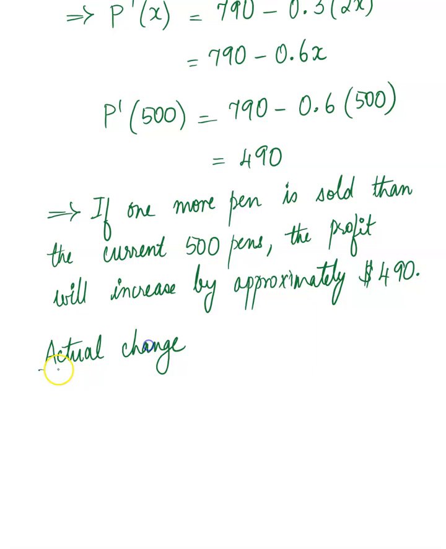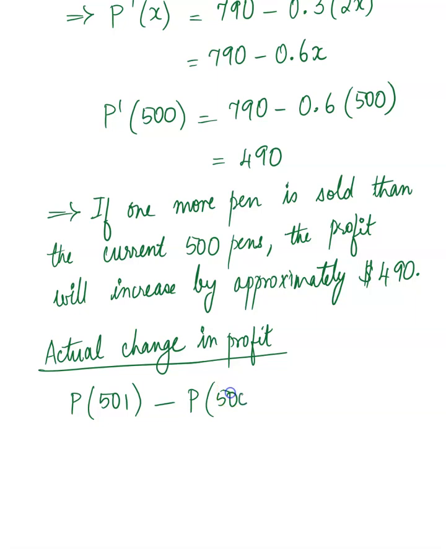So the actual change in profit, I'd say, to get the 501st pen would be the profit function for 501 pens minus the profit for 500 pens.